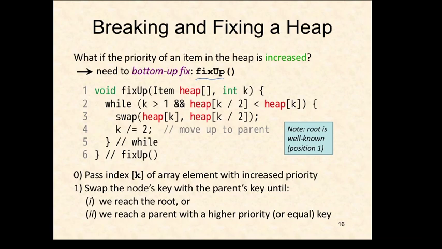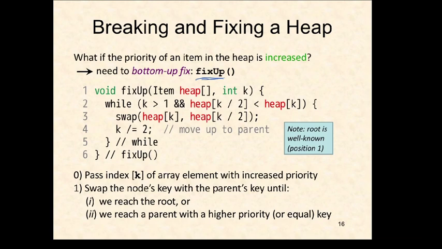So increasing in value isn't what's important, it's that it increased in priority. Because it increased in priority, we had to look upward in the tree. So when something increases in priority, we look upward in the tree. Those are both related to the name fix up. We're fixing because a priority increased, and we have to look up in the tree to do it.